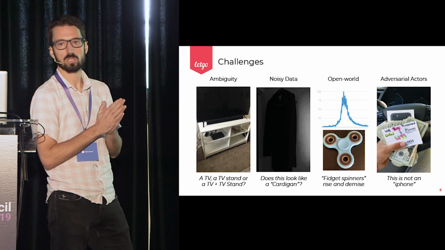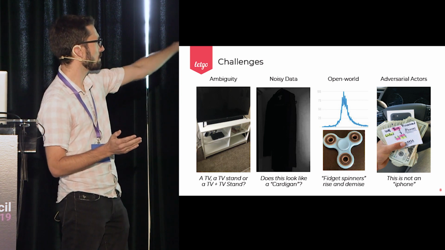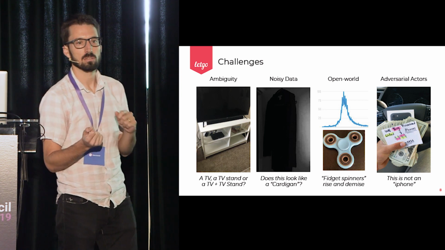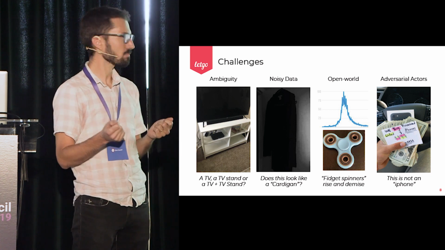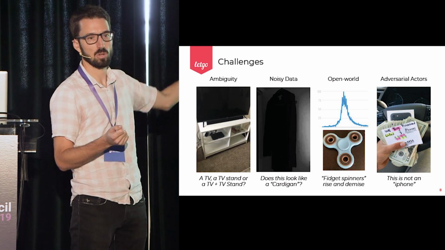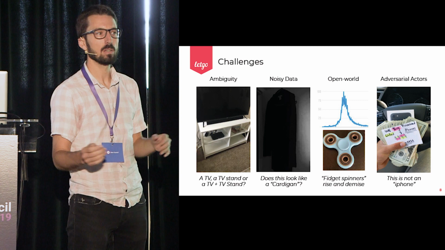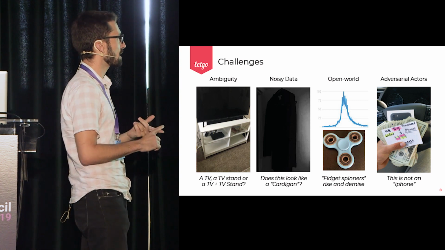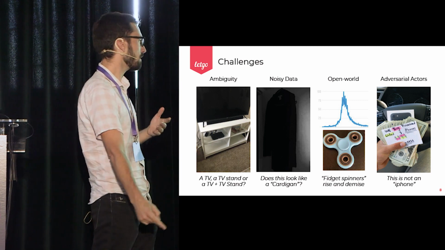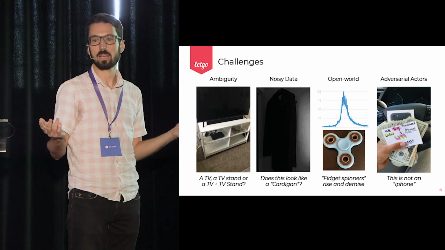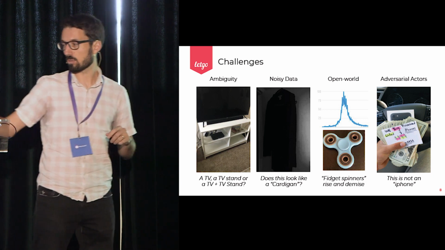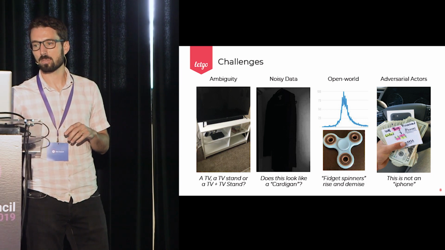So sometimes users, they will post a listing like this one without much information in the form of title or description. Now, if you just see this image, there's no way for you, for a human or machine or whatever, to decide whether this is someone selling a TV stand, or the TV and the TV stand, the bundle, okay? So these ambiguous situations are quite common.